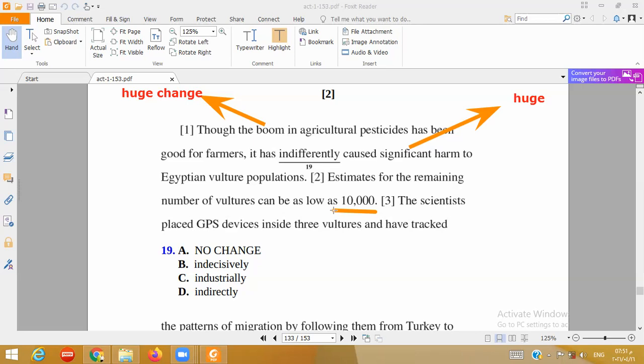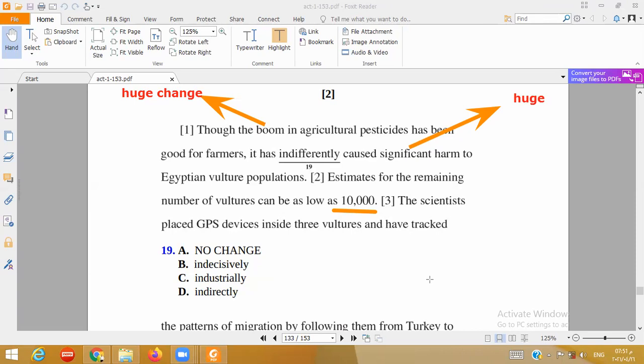All right. Now, Mariam, number 19. You too, I want you to think of it. It has indifferently caused significant harm, which means those pesticides didn't cause any harm to the Egyptian vultures.